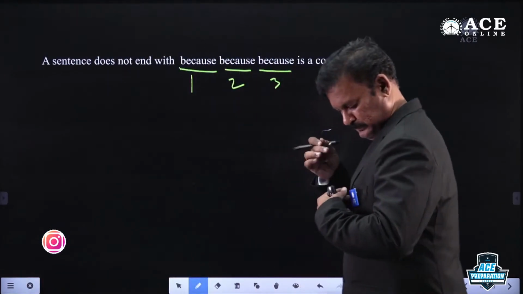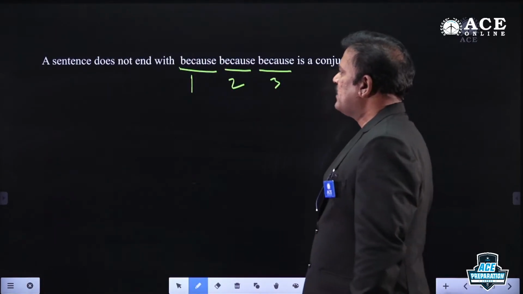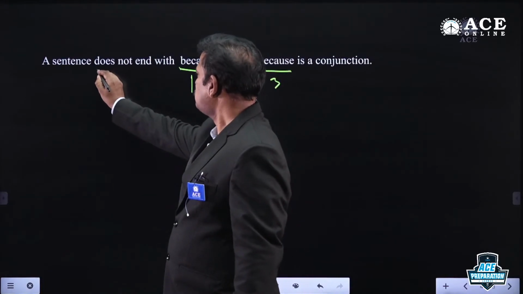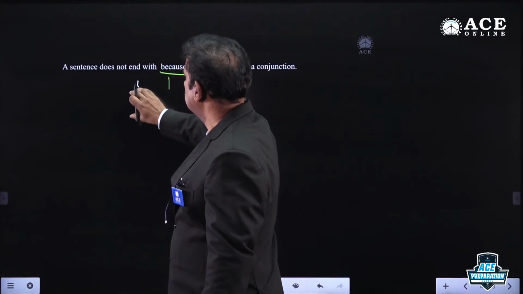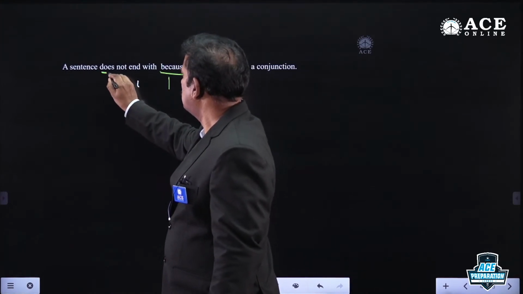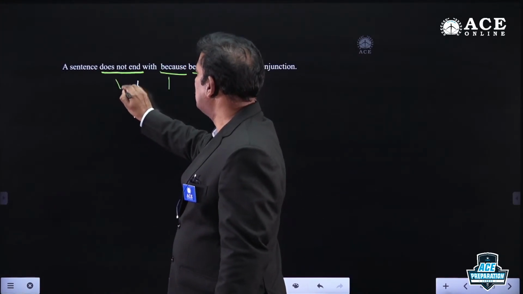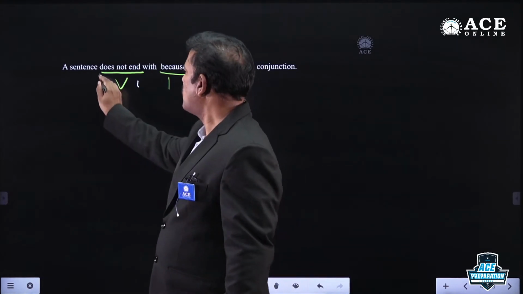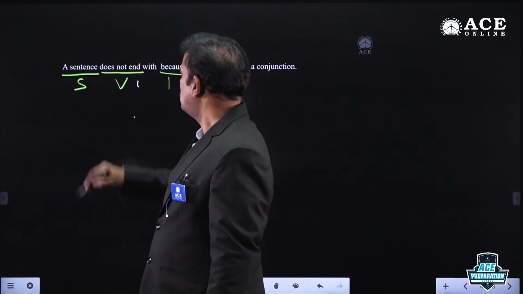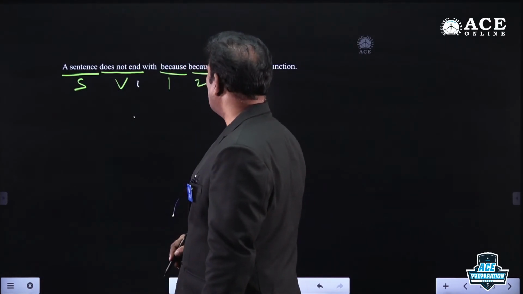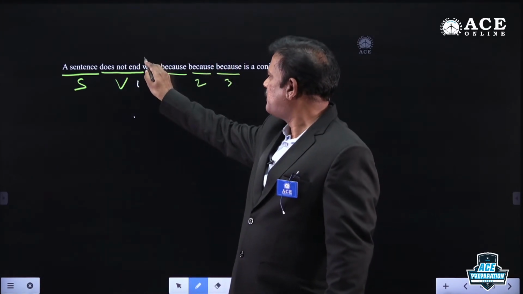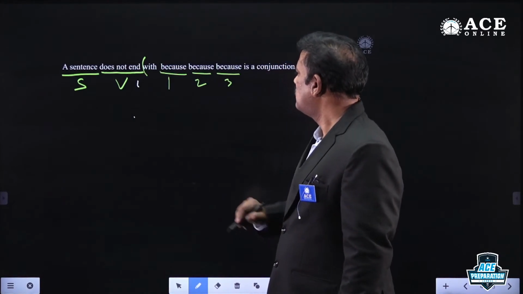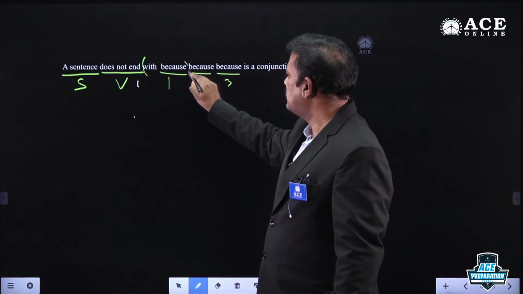Okay. Where is the verb? Where is the verb? A sentence does not end. What? A sentence does not end. There is one preposition. Preposition ends here.